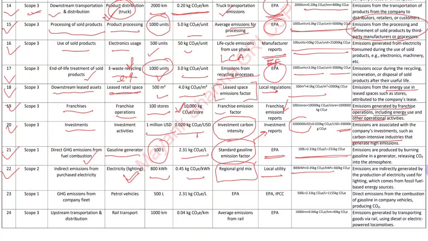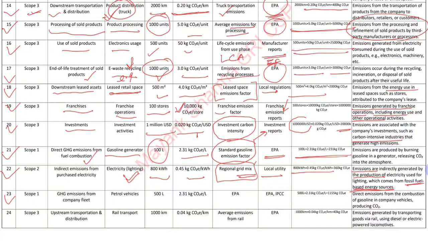These emissions are indirectly generated by the production of electricity used for illumination, which comes from fossil-fuel-based energy sources. But when we say grid mix, there can definitely be a certain proportion of renewable energy in the electricity mix as well.